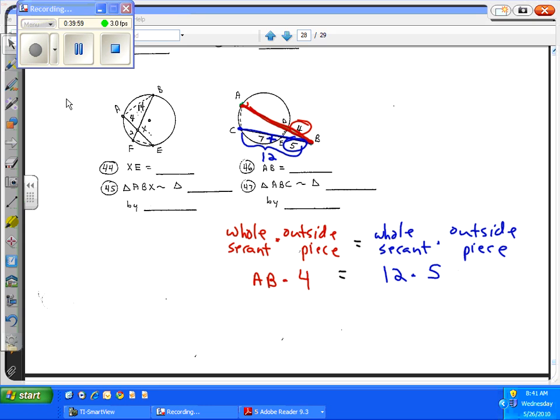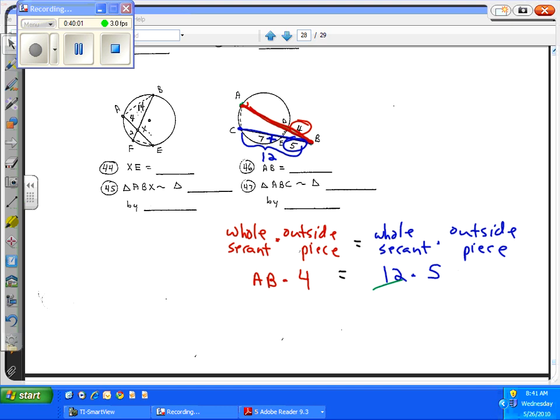I'm going to make this one red just so they're color-coded. So this whole secant in red, which we don't know, it's AB, times its outside piece or external segment 4 is equal to the other whole secant, which we would have to add the 7 and 5 to know how much the whole thing was, 12, times its outside piece, 5.